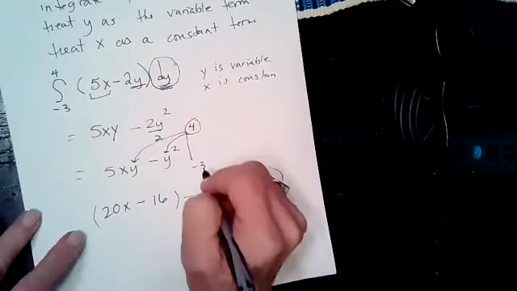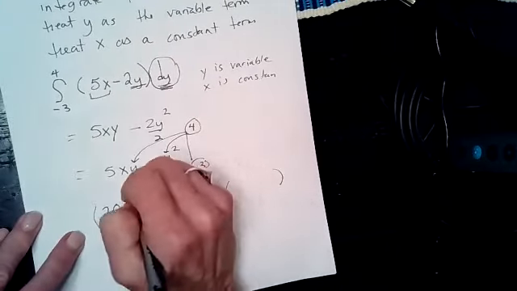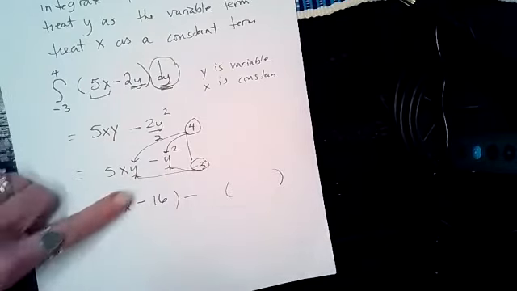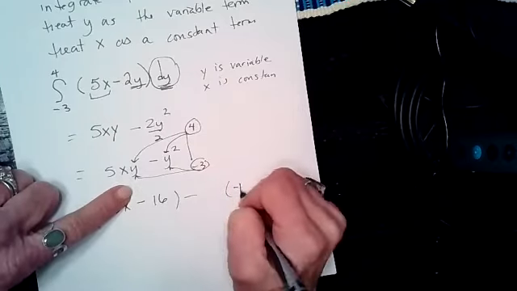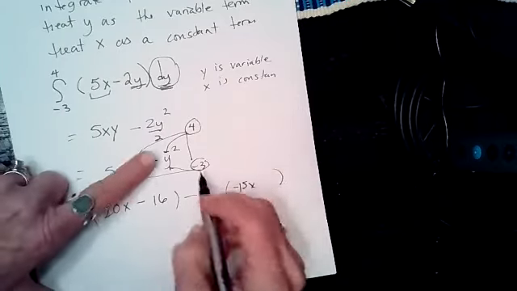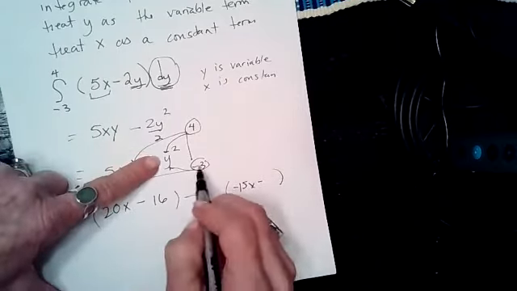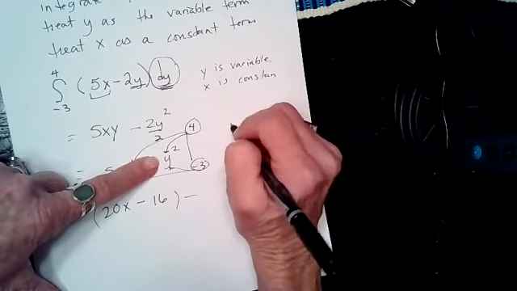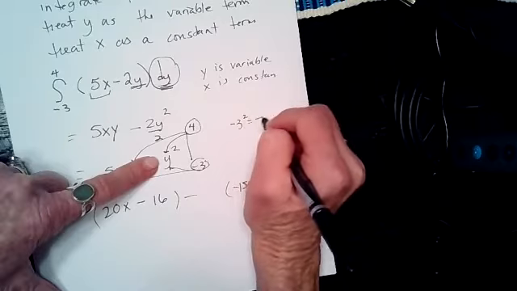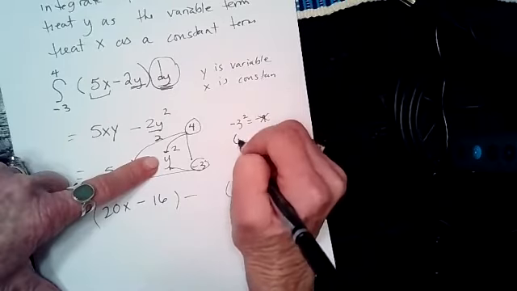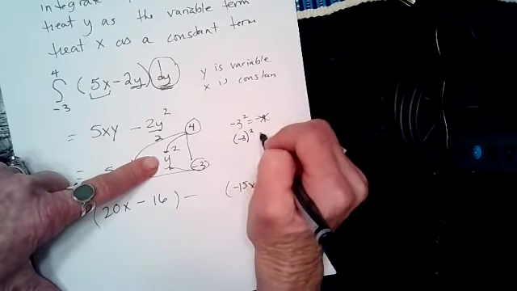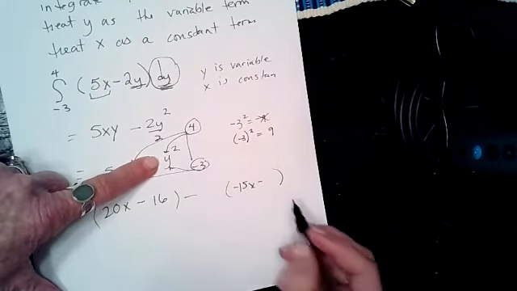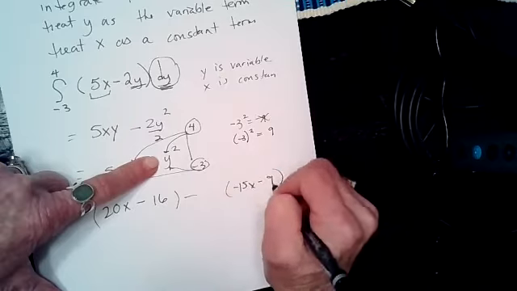Then I'm going to take my -3 and plug it in for y, and you have to be careful. -3 times 5 is -15x, but minus (-3) squared. If you put it in your calculator as -3 squared, it's going to be -9, and that's not true. If you're squaring -3, you have to put it in your calculator with parentheses. So (-3) squared is 9.